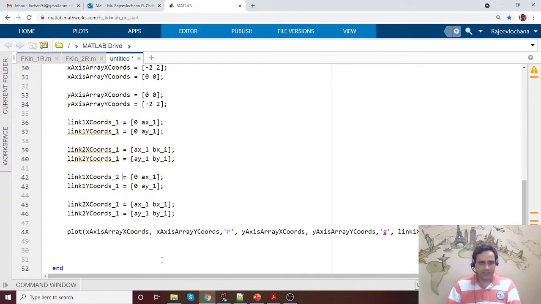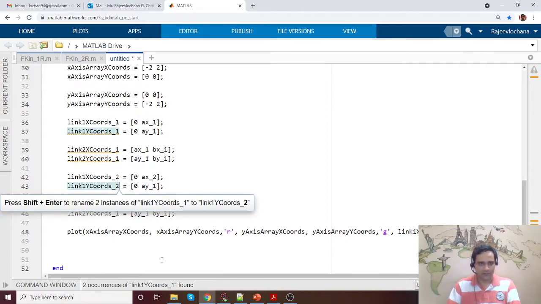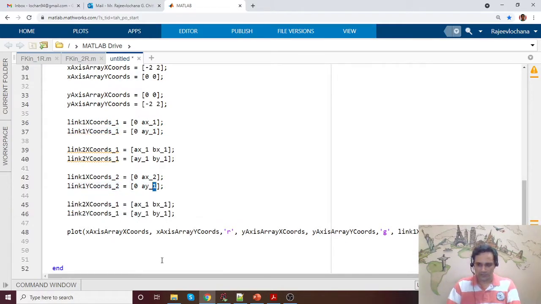Now the second set, similarly we are going to have a second set here. Similarly for link 2 we'll have a second set. I would still suggest you type it.